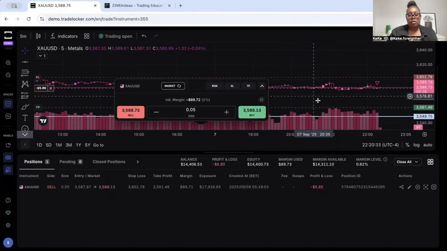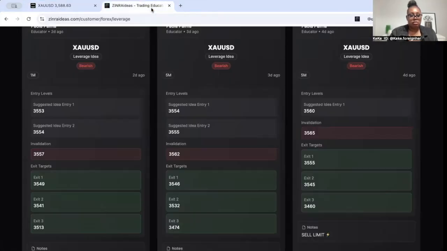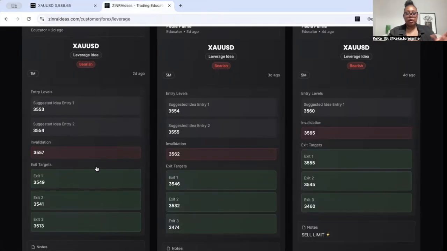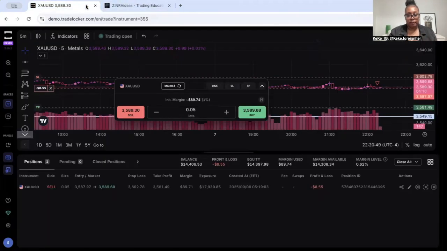Let's say, perfect example, I put in the wrong take profit, the wrong exit. Number one, we have two things to do. We have to change our exit price. Our exit price is supposed to be 35.41. We did not put in the right one at all.